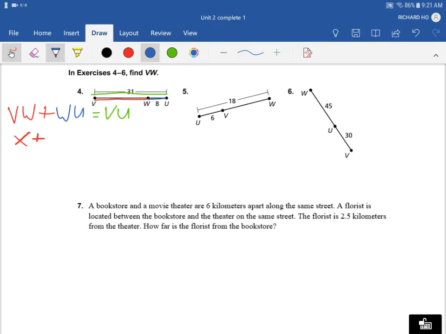It's 8, right? Blue one just goes from W to U, it's 8. And then the green one is what? 31. Green one is 31. Now you have an equation. All you have to do is solve it. So minus 8 here, minus 8 here. This goes away. You have x equals 23.